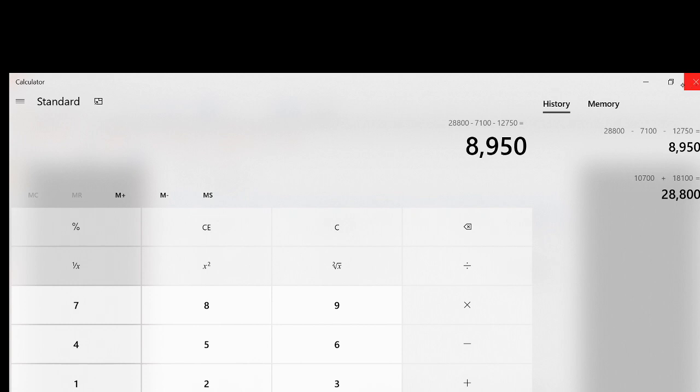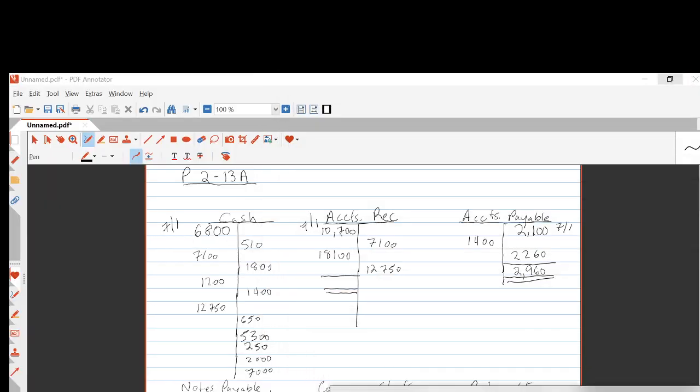So 8,950 is the ending balance in accounts receivable.